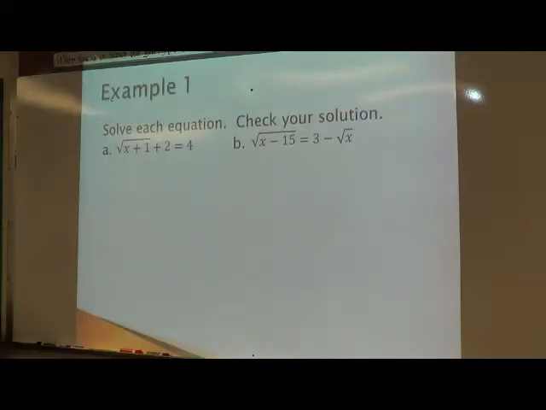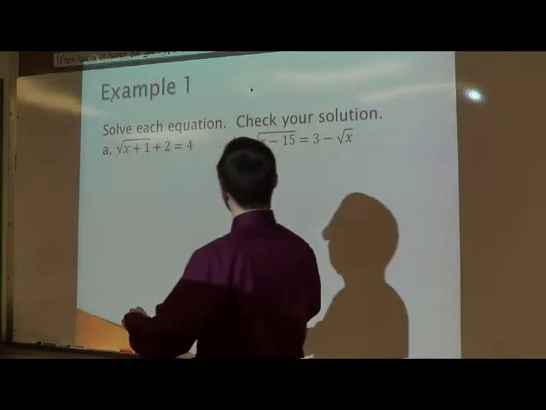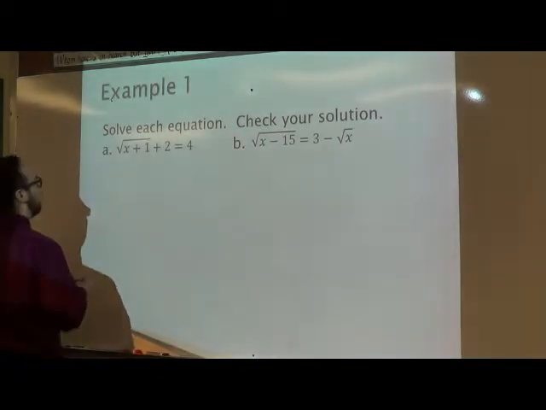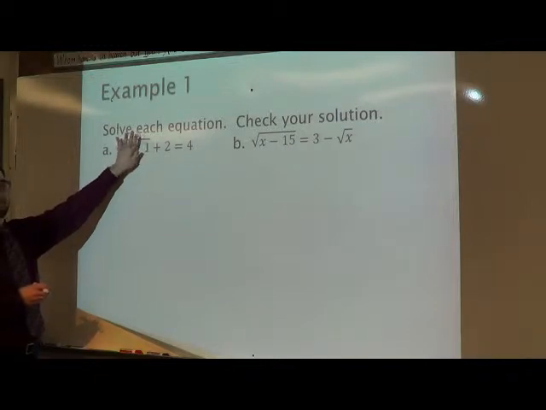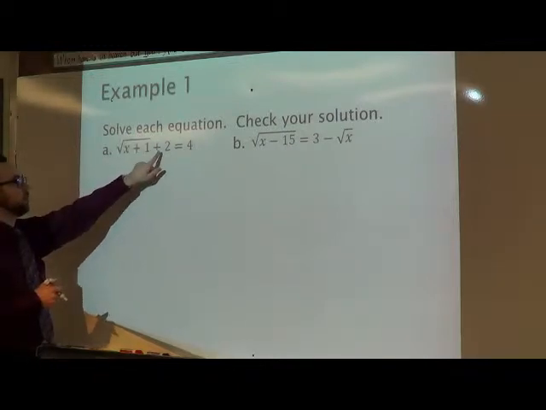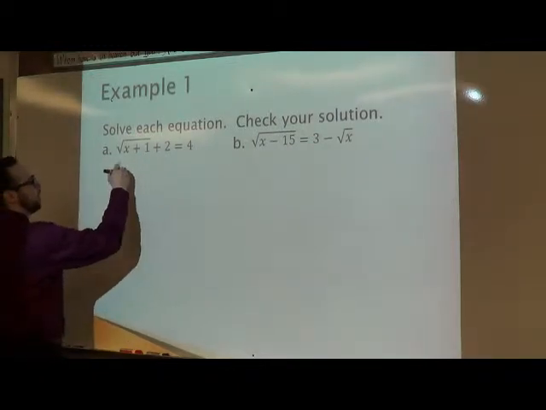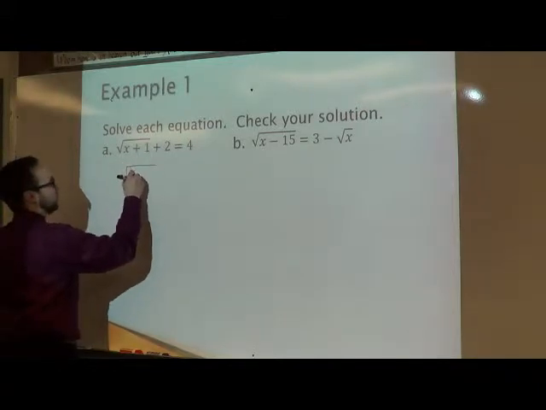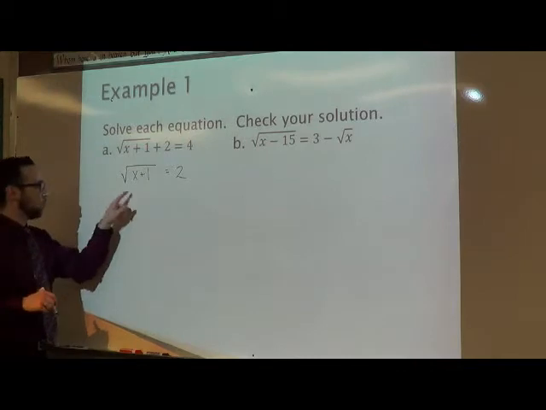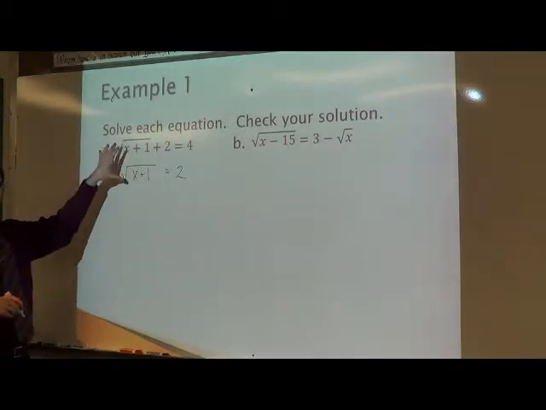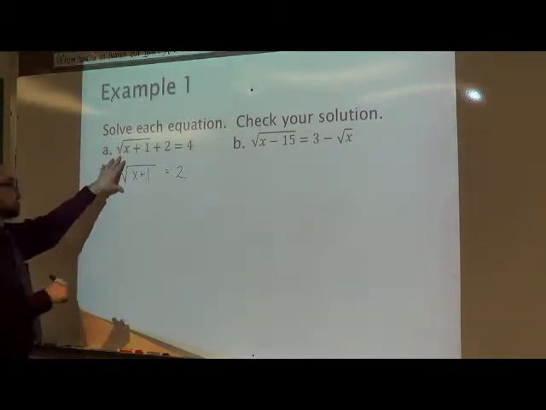Alright, so let's go ahead and try one, or a couple. What we're doing here, these are almost just like variables. You want to get radicals on the side by themselves. So I'm going to subtract the 2 and leave myself with the square root of x plus 1 is equal to 2. Once you have this by itself, you get rid of this by squaring both sides.